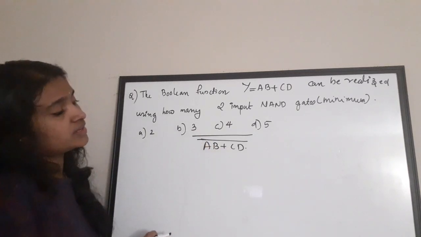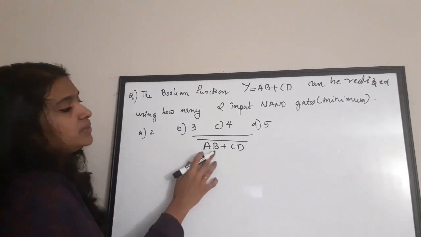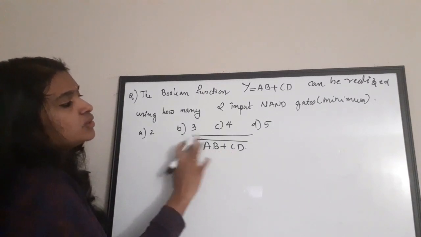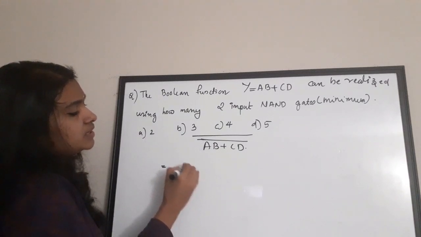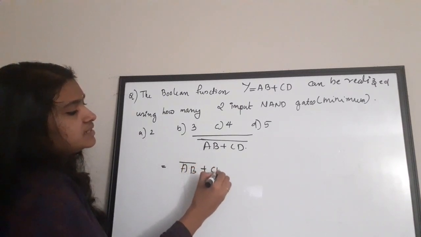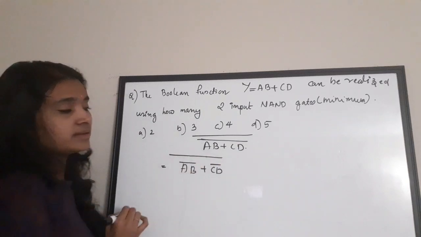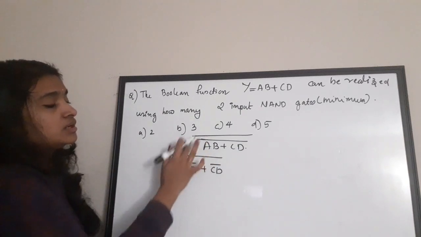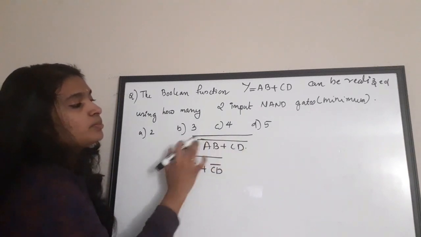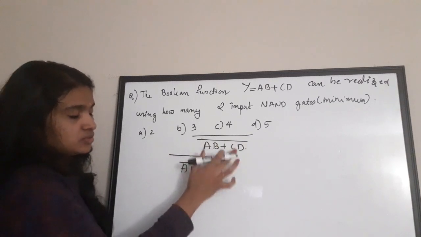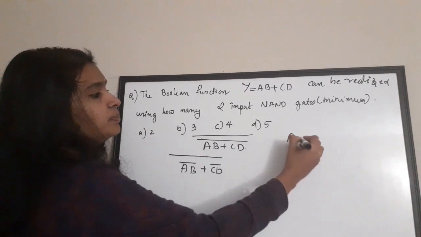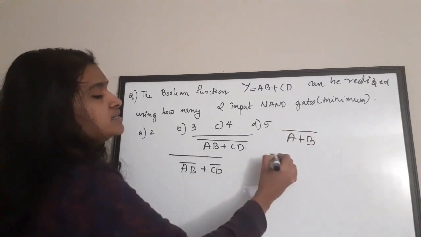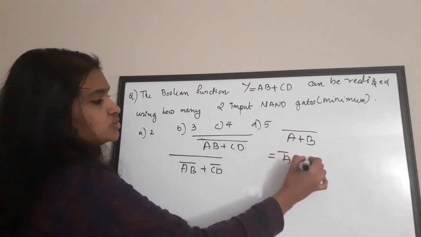According to De Morgan's law, AB plus CD the whole bar is equal to AB bar into CD bar, the whole bar, right? If you apply the first complement over this expression, you will get it like this. Because we know that A plus B the whole bar is equal to A bar into B bar.